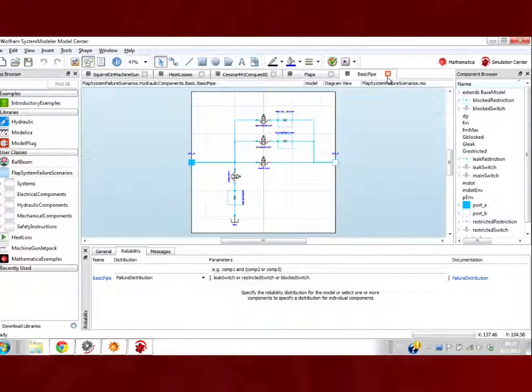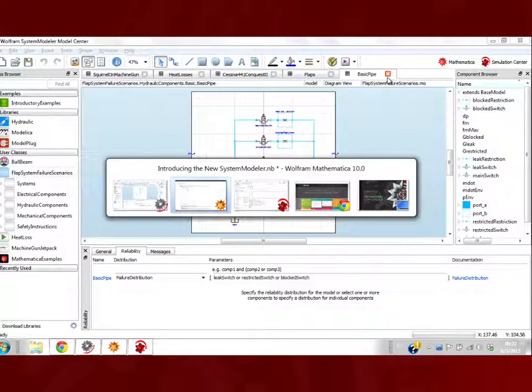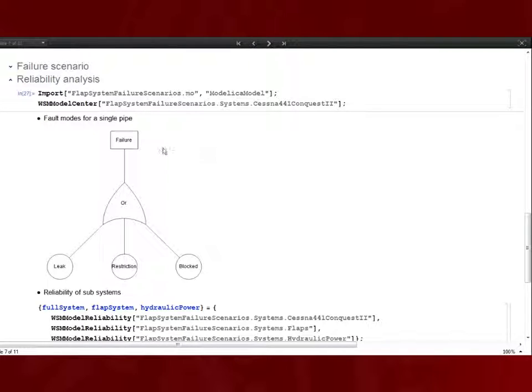But this means I have the reliability of the system together with the possibility of actually simulating what would happen if it fails. So let's look at what we would do with this reliability. In the case of the pipe, we would have 3 different fault modes: it's leaking, it's restricted flow, or it's completely blocked.